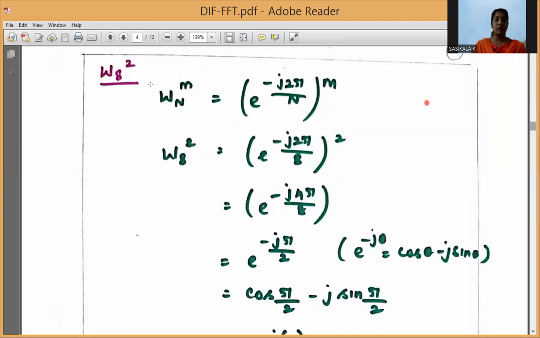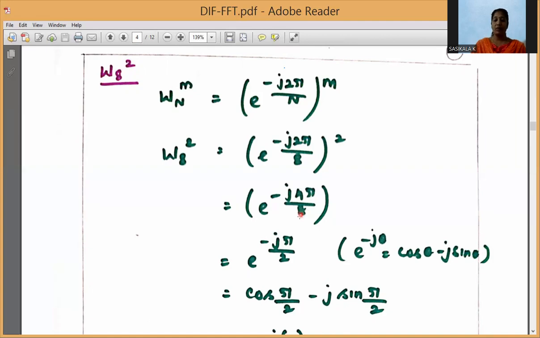The next one is W base 8 power 2. We know the formula W base N power m is equal to e power minus j 2 pi by N, the whole power m. Here N is equal to 8 and m is equal to 2. So W base 8 power 2 equals e power minus j 2 pi by 8, the whole power 2. The power is multiplied with the numerator, so I'll be getting e power minus j 4 pi by 8.